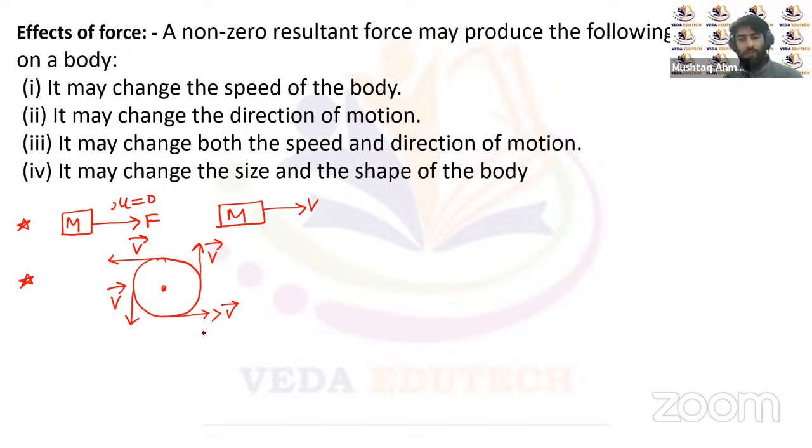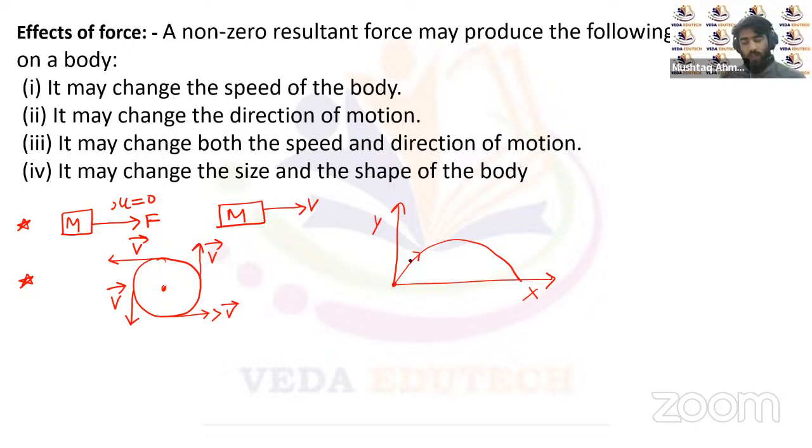And sometimes it may change both the speed and direction of a motion, right? We know that in case of projectile motion that we studied, both the speed as well as direction of a body change. Initially we were projecting a body with some initial velocity v at an angle theta with respect to horizontal, and this is how the oblique projectile moves.